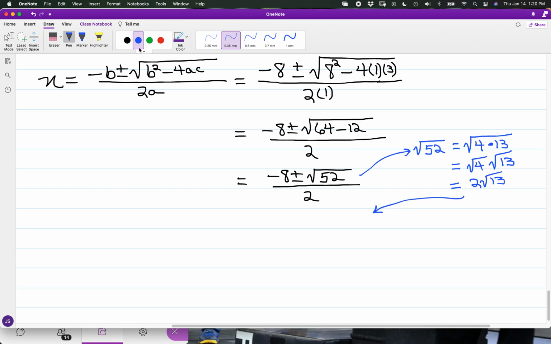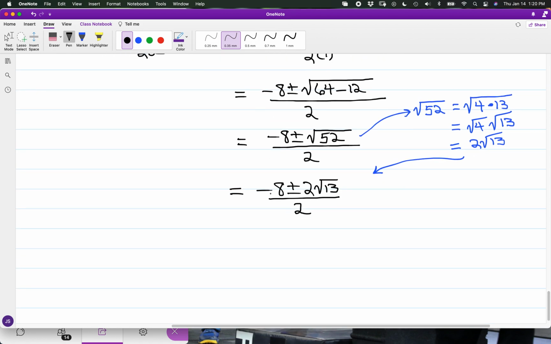And so just translating what we have here, you have negative 8 plus or minus 2 times the square root of 13 over 2.